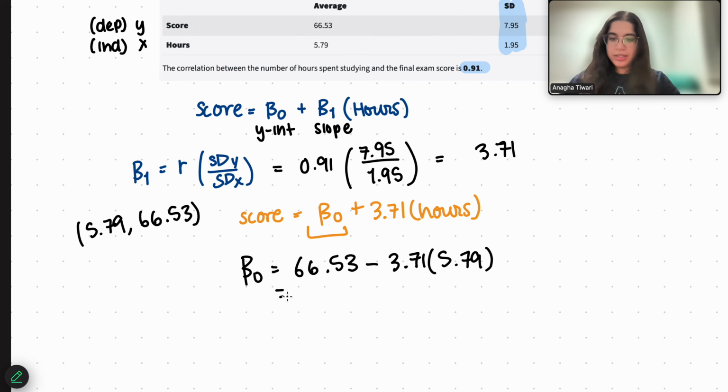So 66.53 minus the slope times 5.79, which is basically 45.0491, which is going to be beta 0 as our y-intercept.